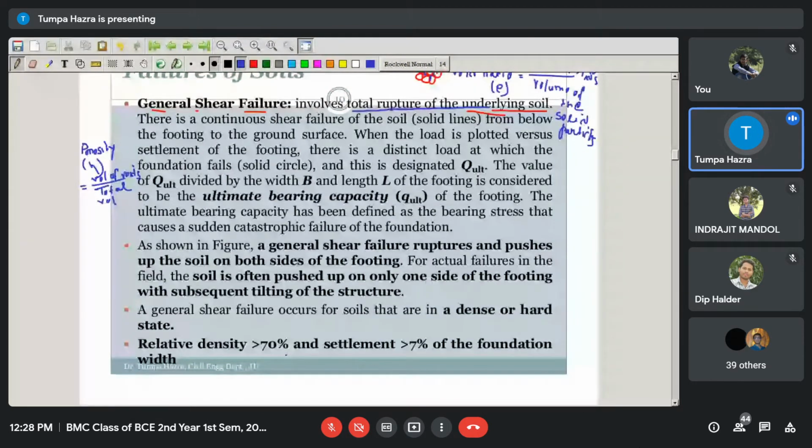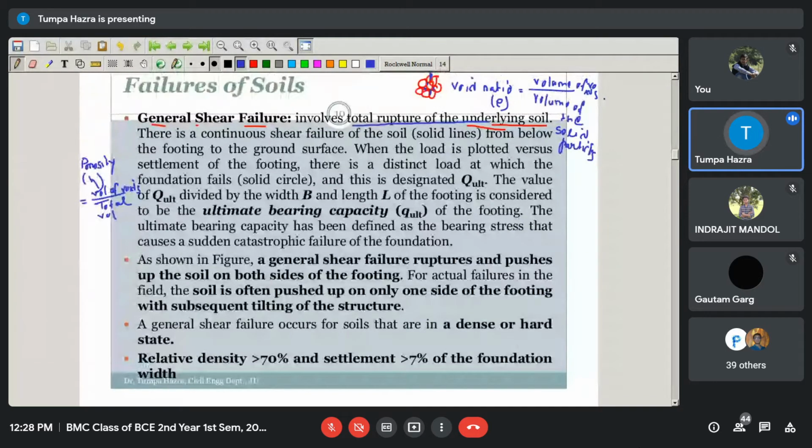Relative density, as I have already told you, void ratio means volume of voids by the volume of the solid particles. So relative density is equal to e max minus e by e max minus e min.